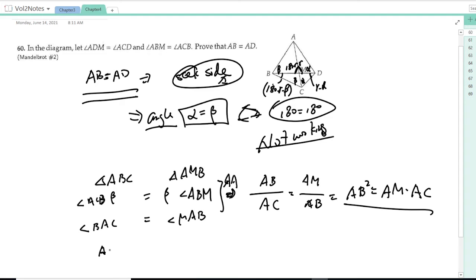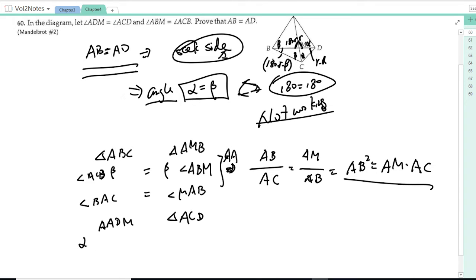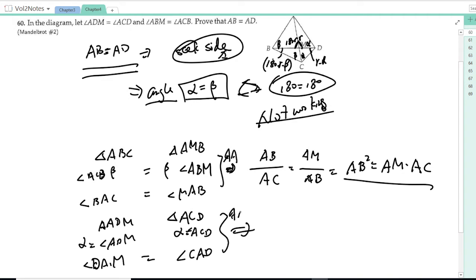So we have the triangle ADM and the triangle ACD. Let's see. We have alpha equals the angle ADM, and alpha equals ACD. Then we have the angle CAD, which is the same angle, right? So this is the AA rule.